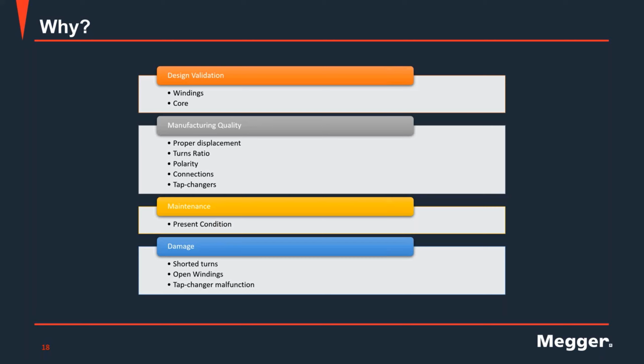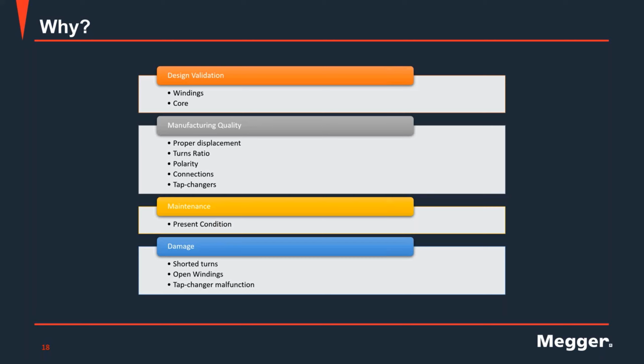And we also mentioned tap changers, right? Either a defective tap changer, incorrect assembly or connection, or just wear from the unit being in the field, or because of a fault. Any malfunction related to the tap changer is easily identifiable with a TTR measurement, right?